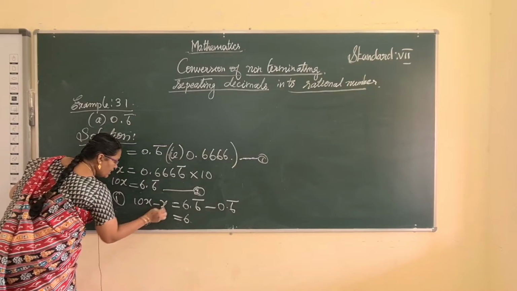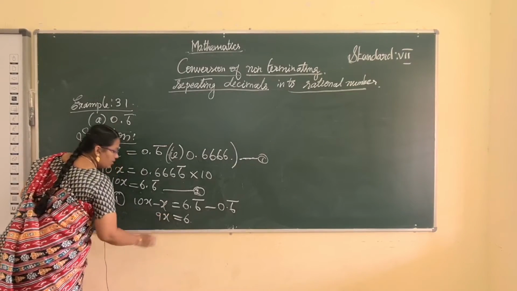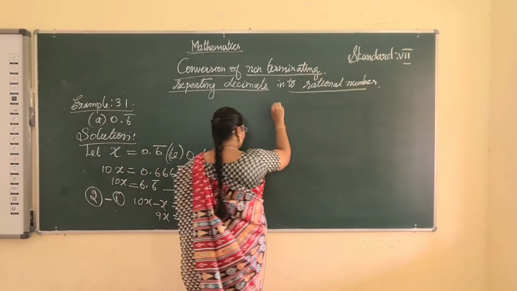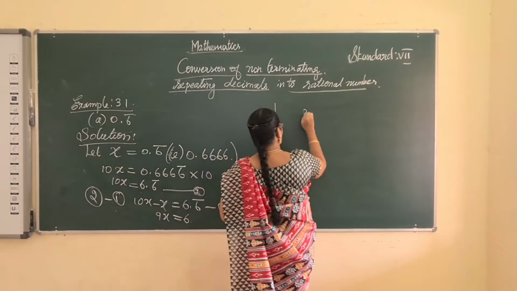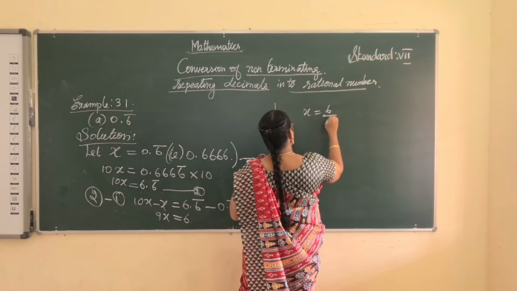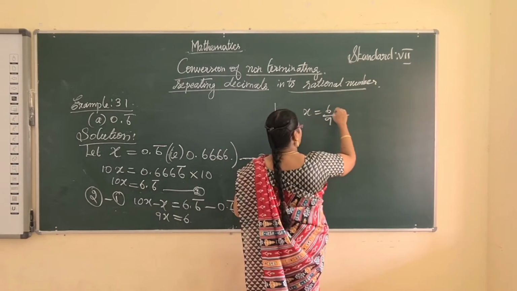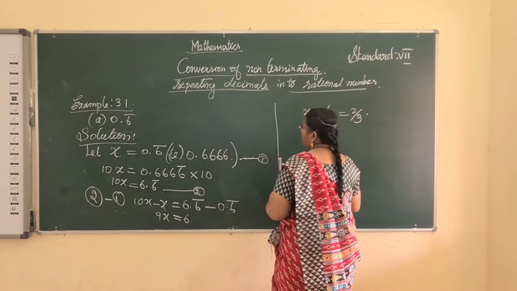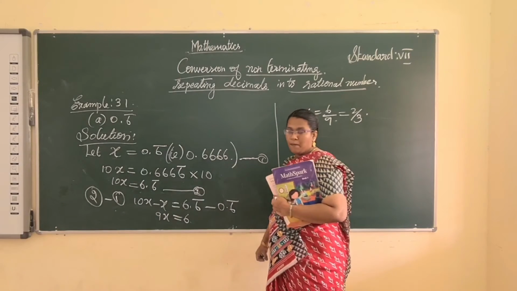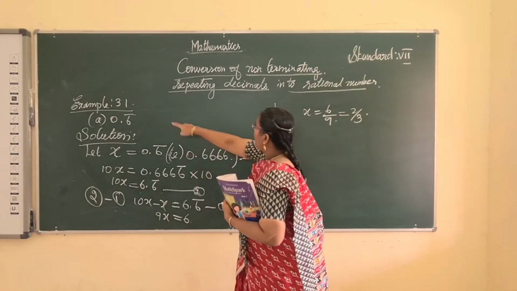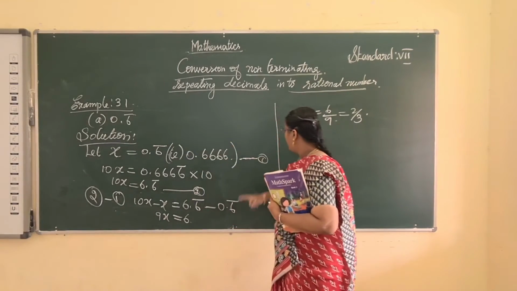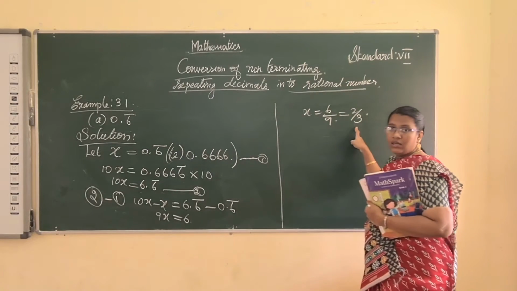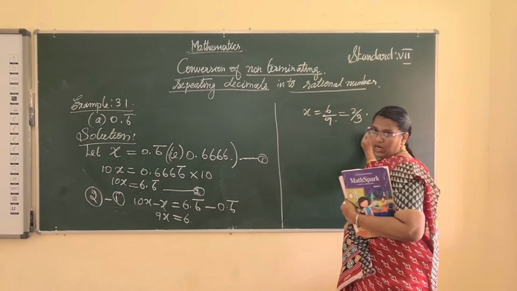And 10x minus x is 9x. So x equals 6 by 9, and cancelling by 3, it is 2 by 3. So that is a rational number. A non-terminating repeating decimal has been converted to a rational number.